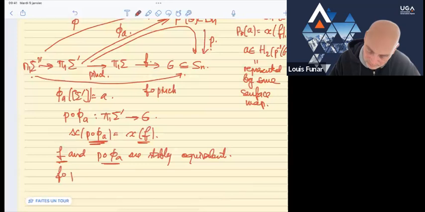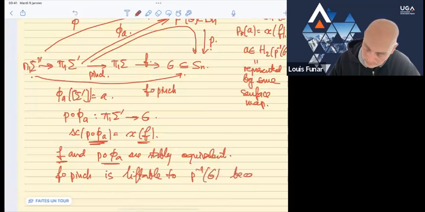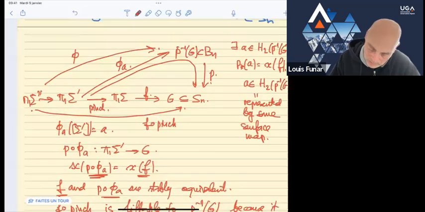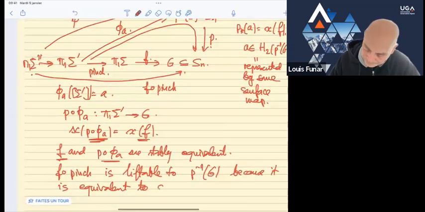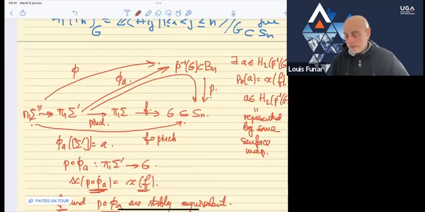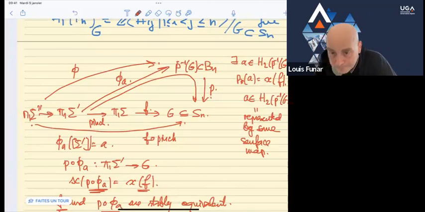F composed with pinch is liftable because it is equivalent to, how I call that, to phi. So this is proving the theorem in the case when we have unramified coverings.